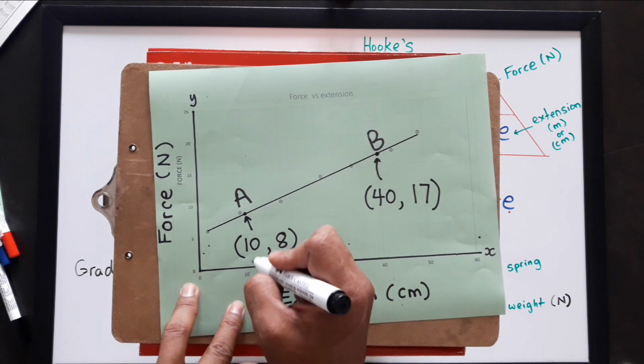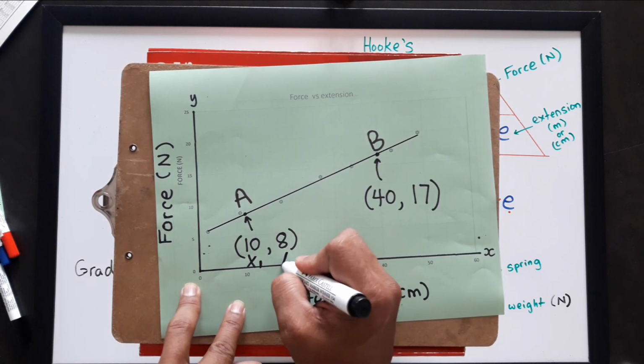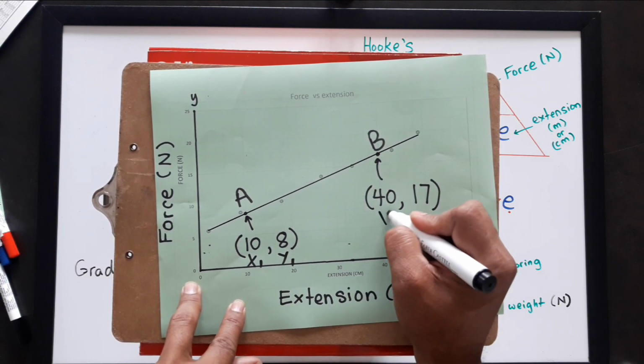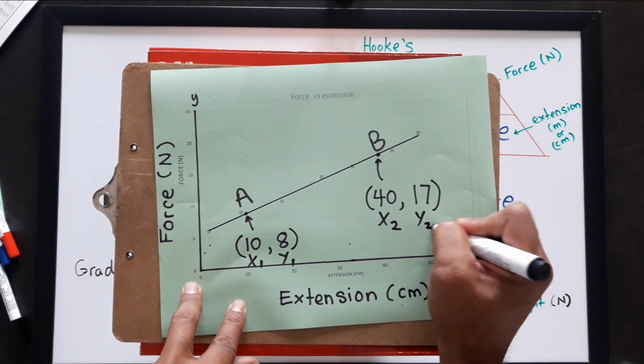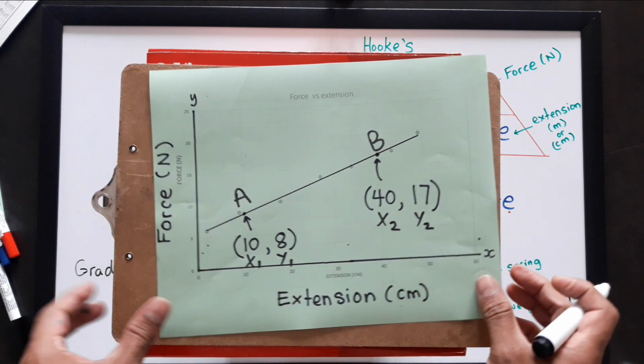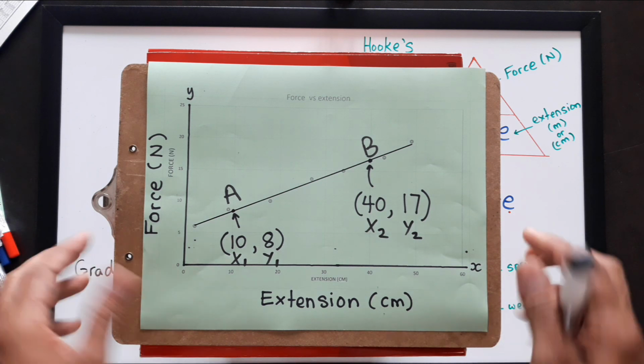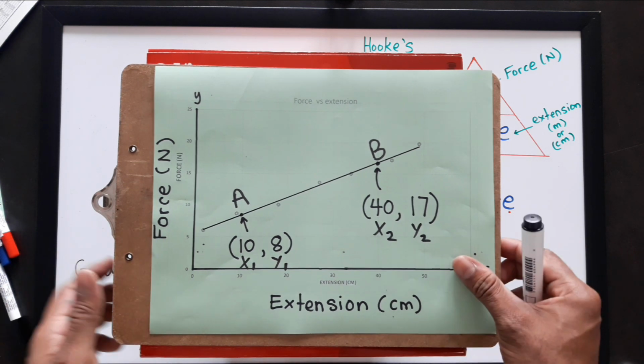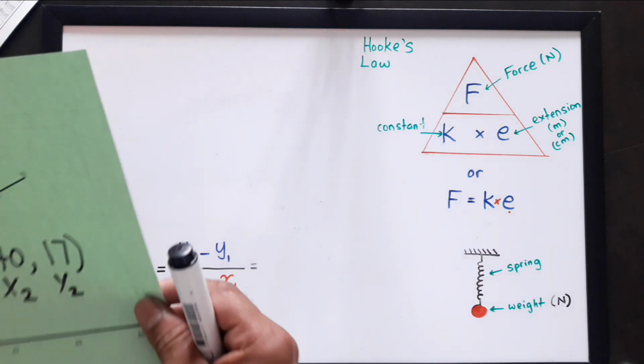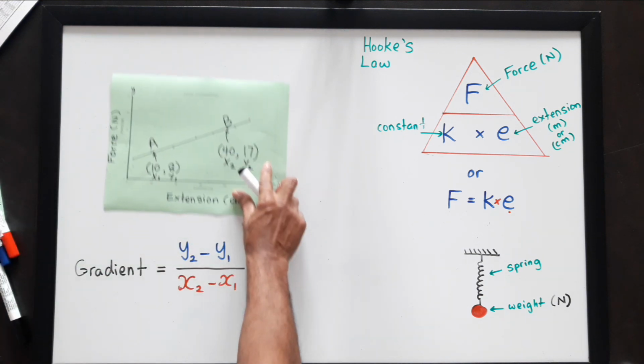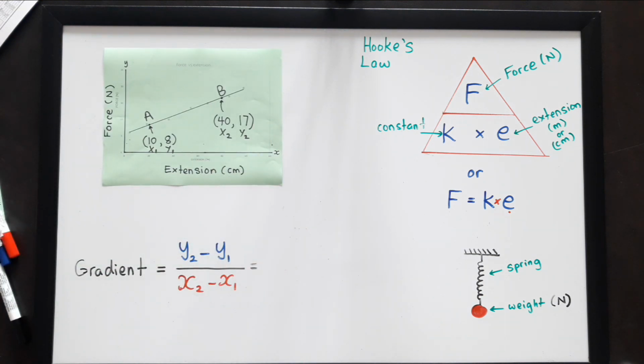Right, so I'm going to choose point A first, x1 and y1, and B will be x2 and y2. All right, so I'm going to go back and put this graph on the whiteboard once again. I hope you can still see it clearly.